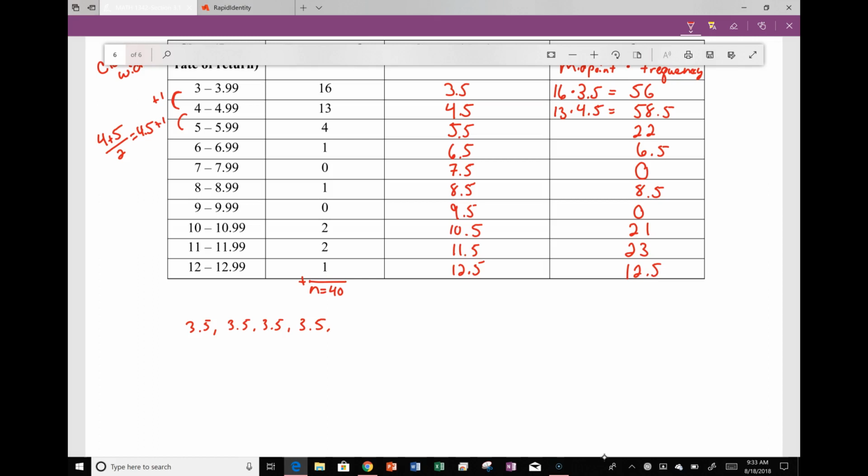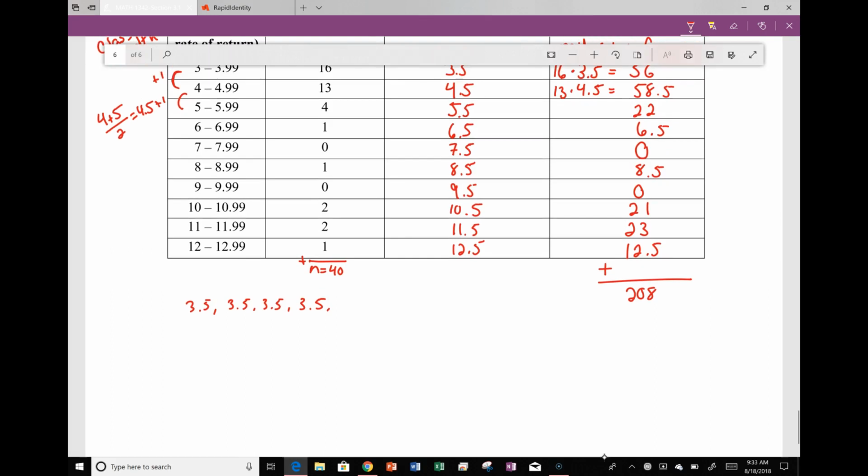I'm going to take these values and add them up. When I add up all of those values, I get 208. This is like saying the sum of my x values is 208. So I've taken all my values and added them up.